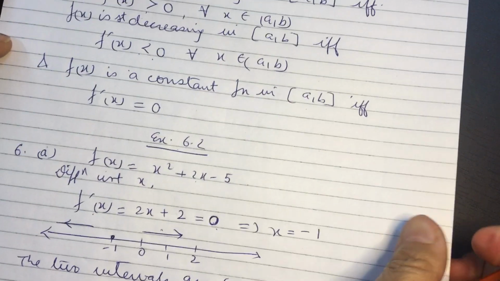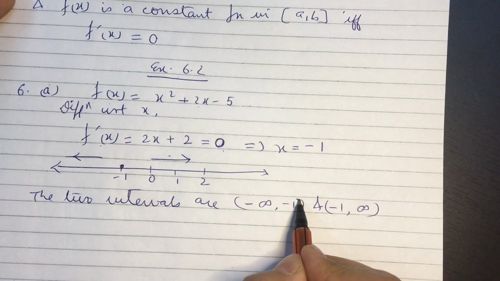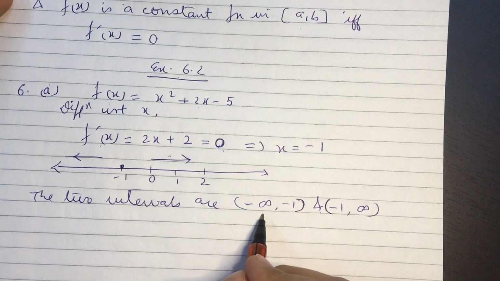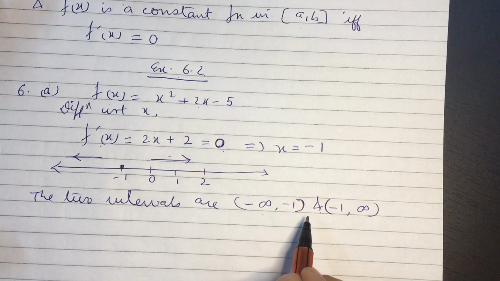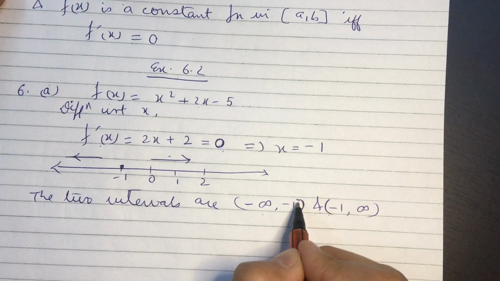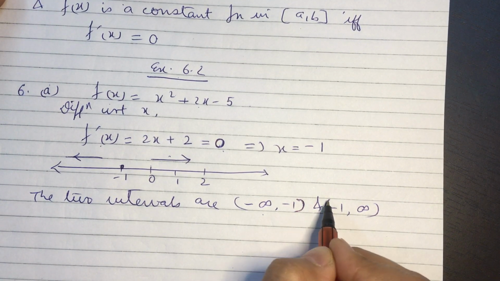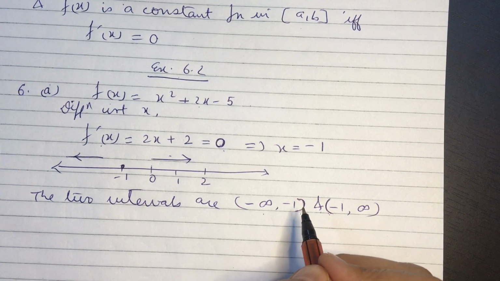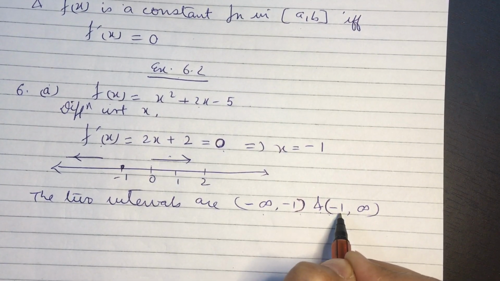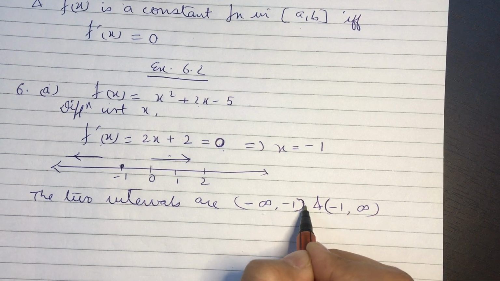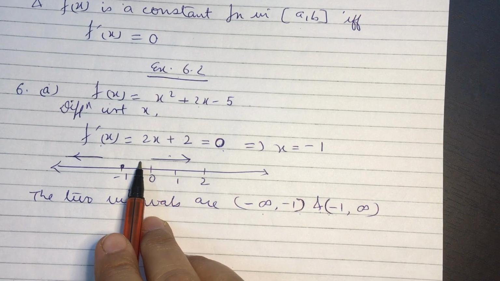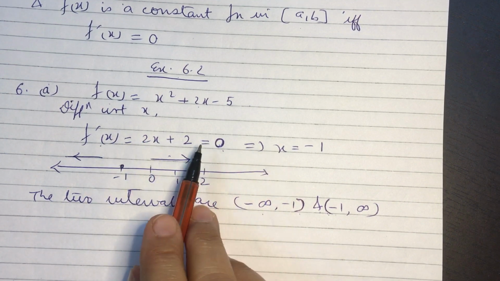Now here if you notice, we will make use of open brackets because the question says strictly increasing and strictly decreasing. If we include minus 1, then the function, whatever it is, it will be either increasing or decreasing, because at x equal to minus 1 the function is a constant because the derivative is 0.